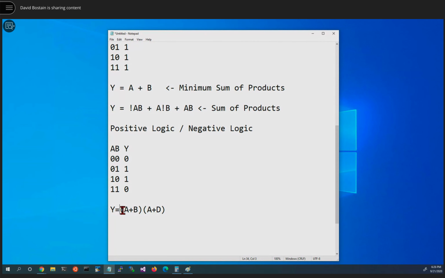The reason is this is not a sum of products equation. This is what's called a product of sums. Notice we do the sum first, and then we take the product of those. This is no. Whoops, that's not no. Don't turn something in that way.